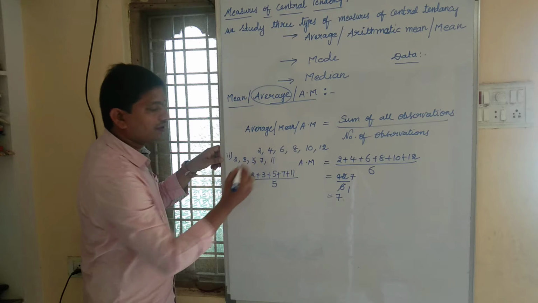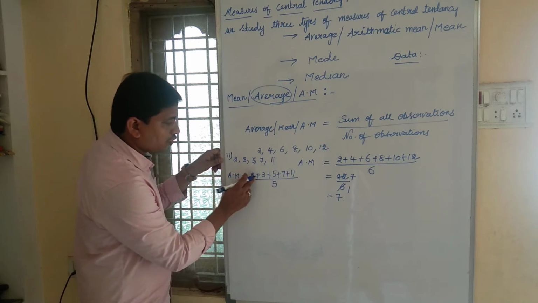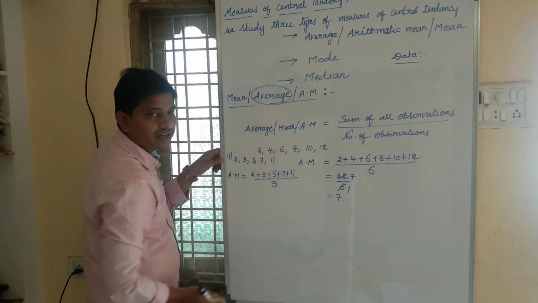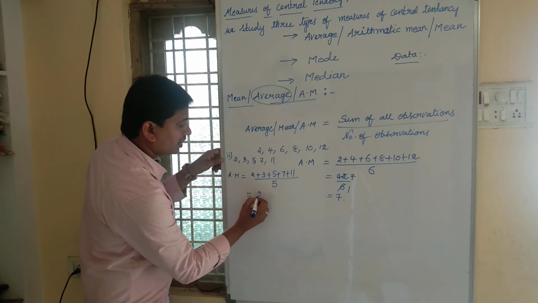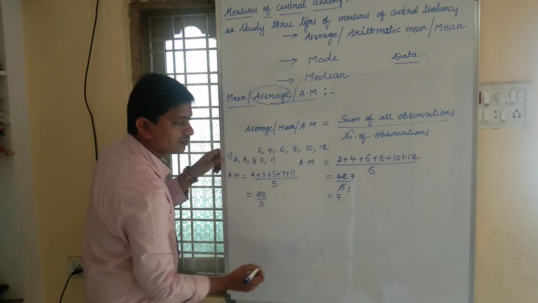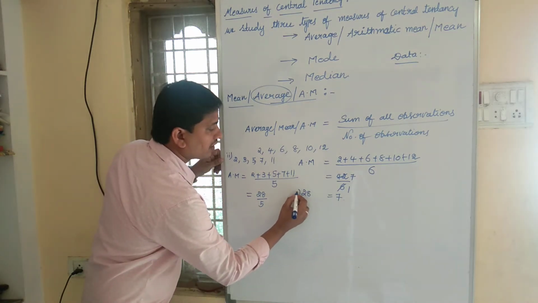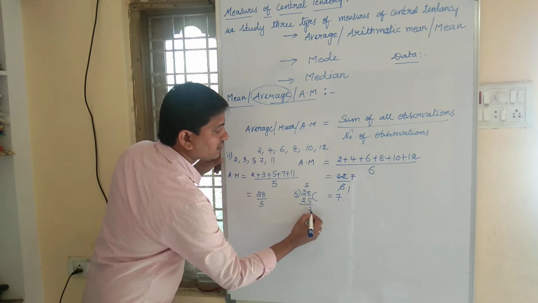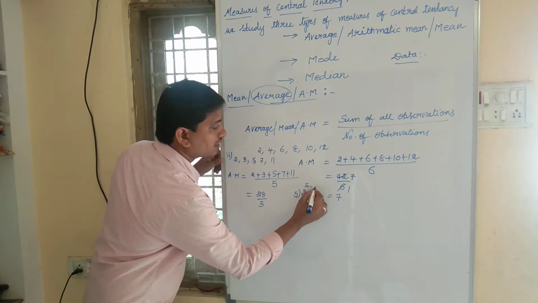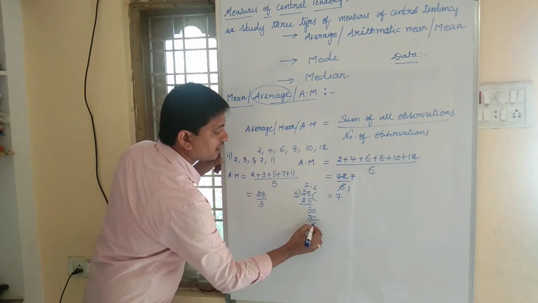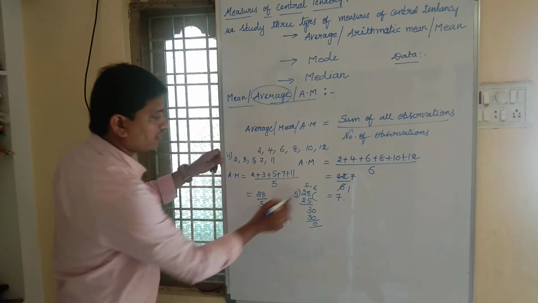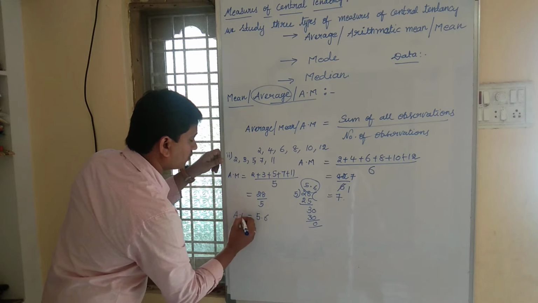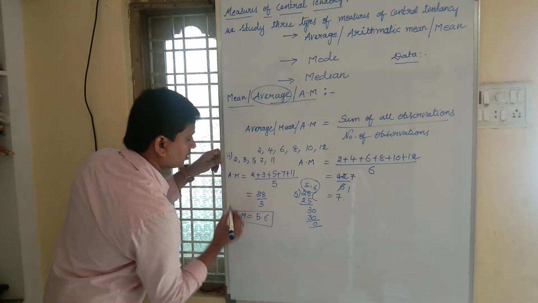Number of observations are 5. 2 plus 3 is 5, 5 plus 5 is 10, 10 plus 7 is 17, 17 plus 11 is 28. So 28 divided by 5. 5 times 5 is 25, 28 minus 25 is 3, bring down 0, 30. 5 times 6 is 30. Remainder 0. So what is the quotient, children? Quotient is 5.6. So arithmetic mean equals 5.6.